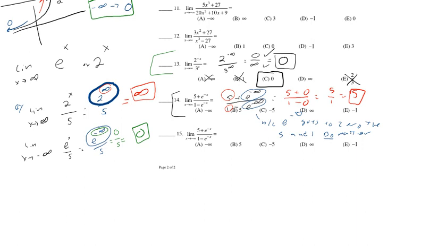Okay. So last one, number 15. The limit as x approaches negative infinity. So I'm going to get 5 plus e to the negative infinity over 1 minus e to the negative infinity, which is 5 plus e to the infinity over 1 minus e to the infinity.